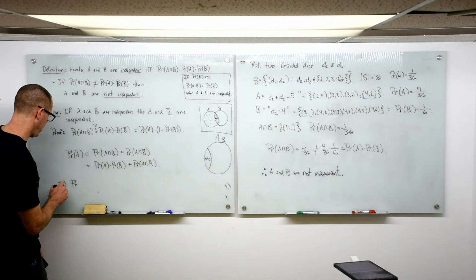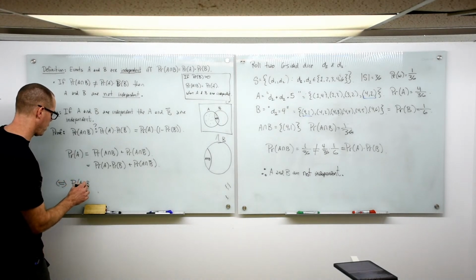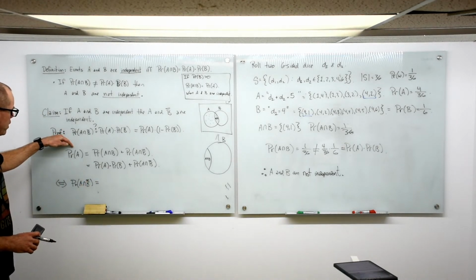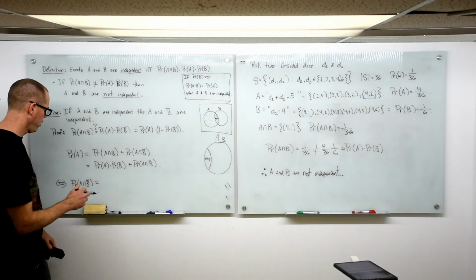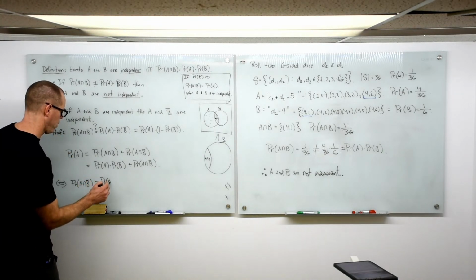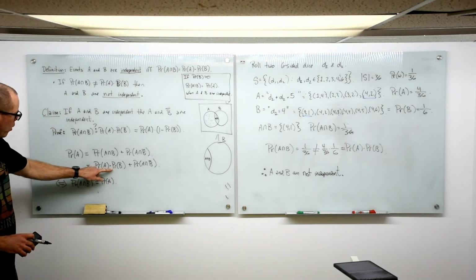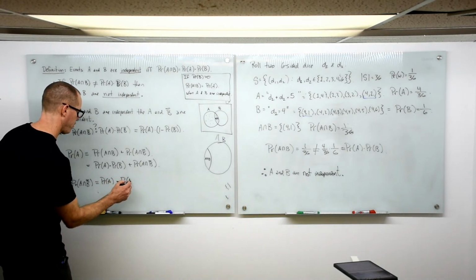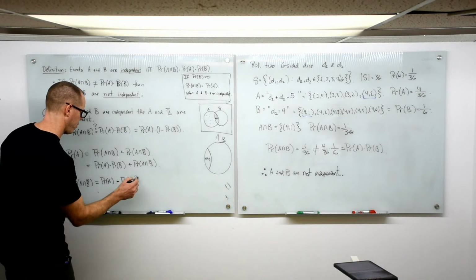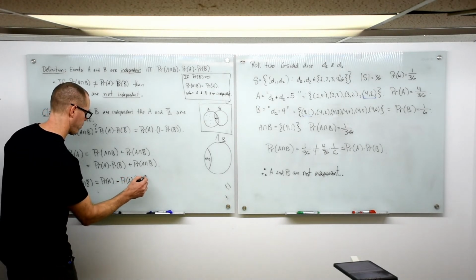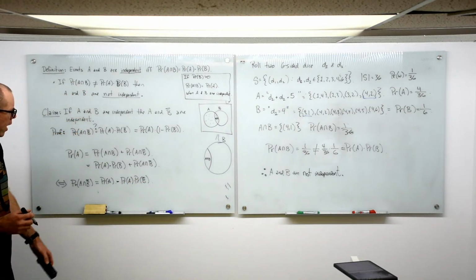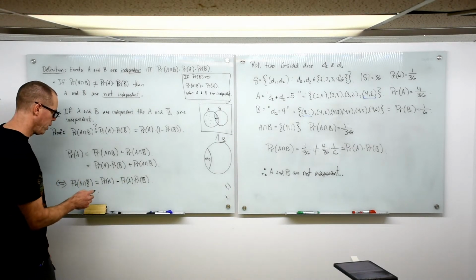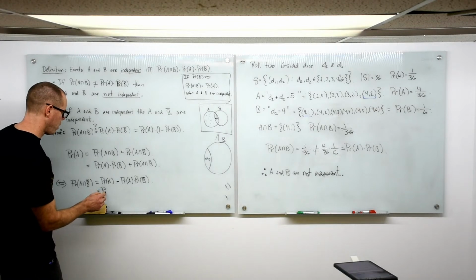That's the same as saying that the probability of A intersect not B is equal to the probability of A, and we need to bring this thing over to the other side, so we subtract it. So we get the probability of A minus the probability of A times the probability of B. We have a common factor, which is the probability of A.